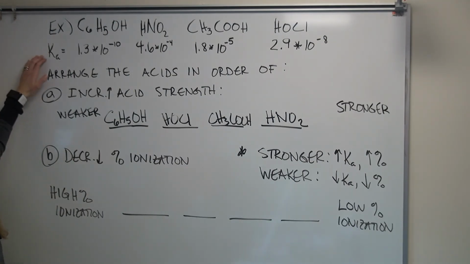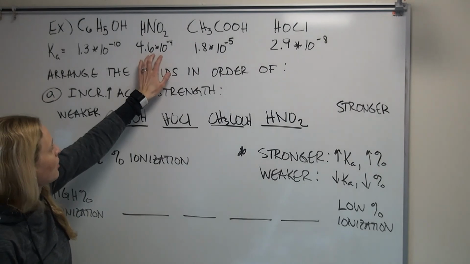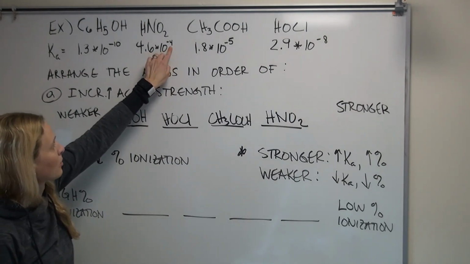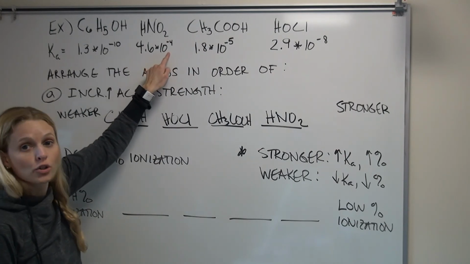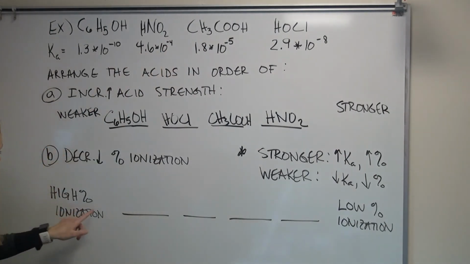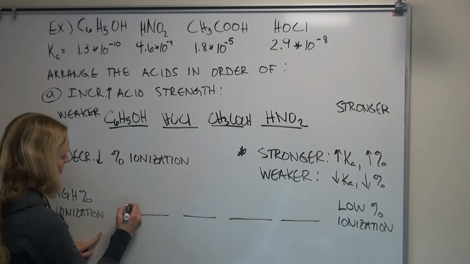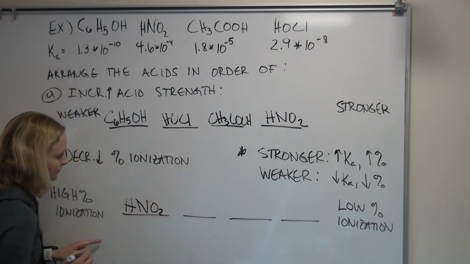Okay, so Ka is acid strength, so the higher the Ka number, the more the acid has dissociated, and we've identified this as the highest number, so this would be a stronger acid based on Ka, and also will give us a higher percent ionization. So we should have a higher percent ionization here. So HNO2 should go here.